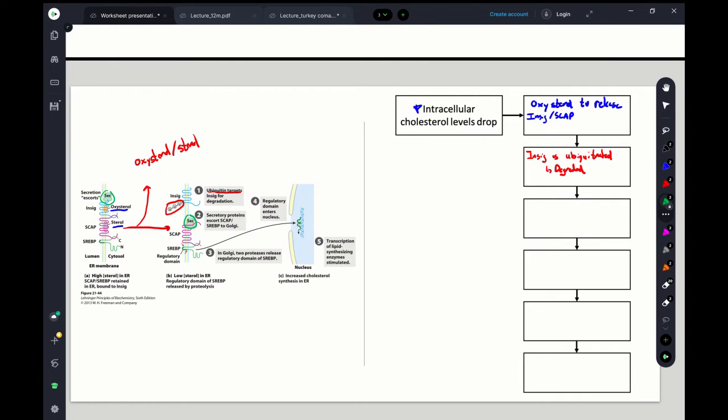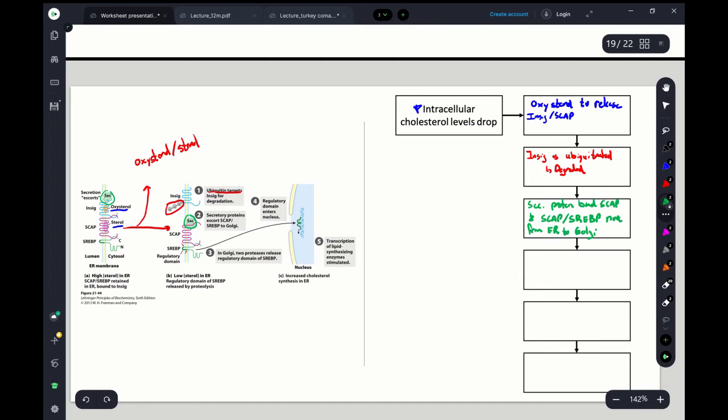And I'll just put, because this is a big one, a mouthful: secretory proteins bind SCAP, and SCAP/SREBP move from the ER to the Golgi.